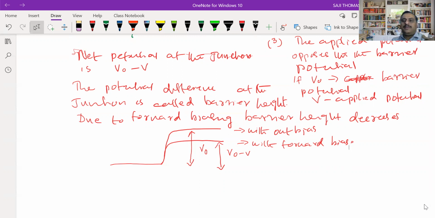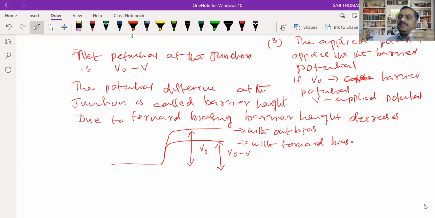So when we apply more and more potential difference across the junction, the width of the depletion layer decreases and resistance decreases. As we give more forward voltage, the depletion layer becomes almost zero.